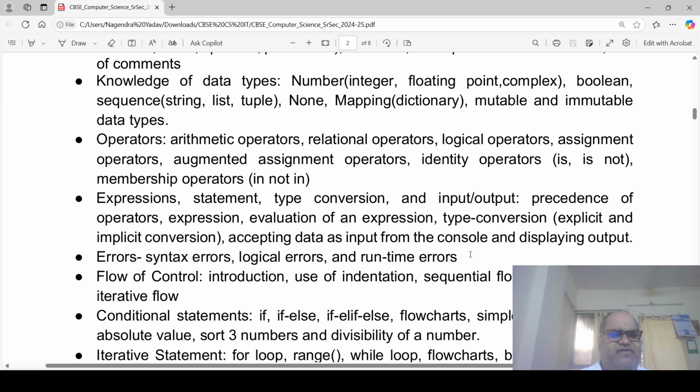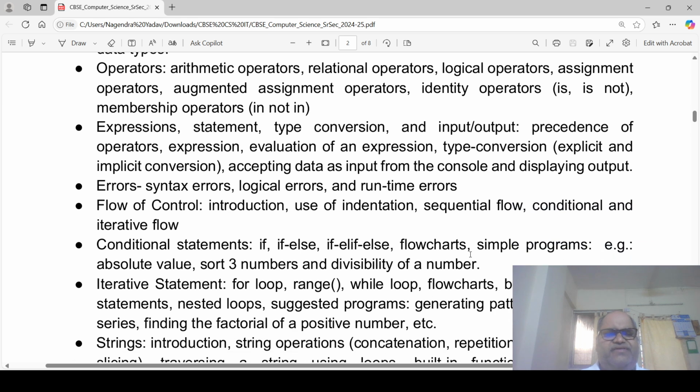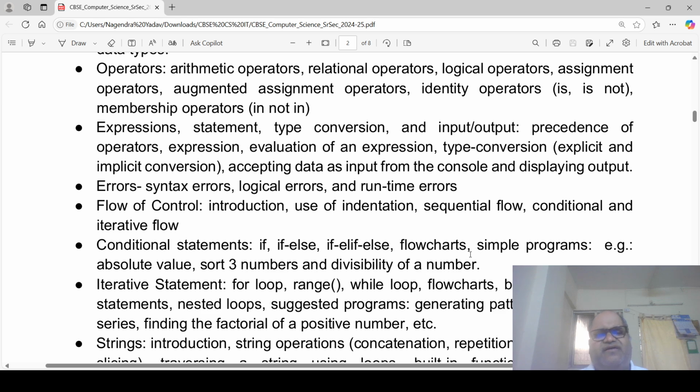From there on, there are introductions about operators. Both arithmetic operators like plus, minus, multiply, divide, right? Then relational operators, so less than, equal to, greater than, not equal to.